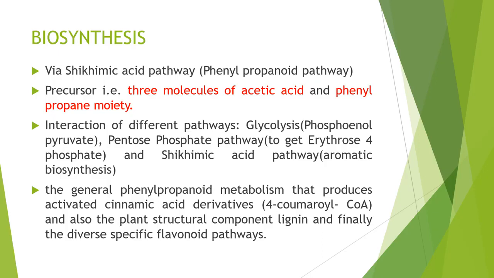We have already discussed all this in detail in the biosynthetic pathways. The general phenylpropanoid metabolism produces activated cinnamic acid derivatives, and also the plant structural component lignin, and finally the diverse specific flavonoid pathway.